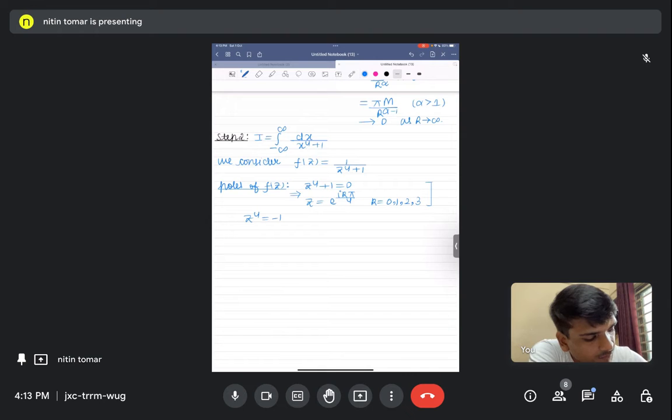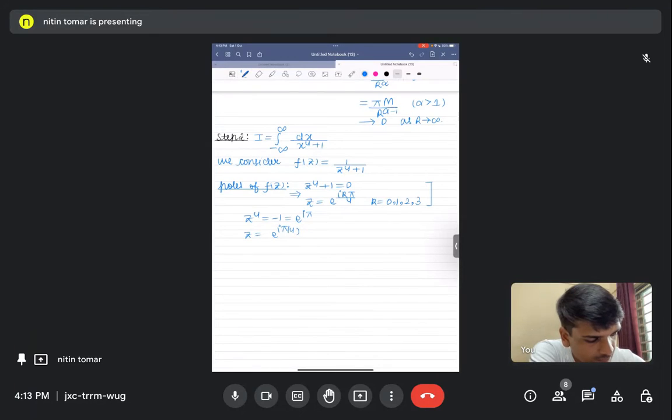Now, what is one value of minus 1? You know e^(pi i) is one value of minus 1, right? So what should be your z? It should be e^(pi i by 4).